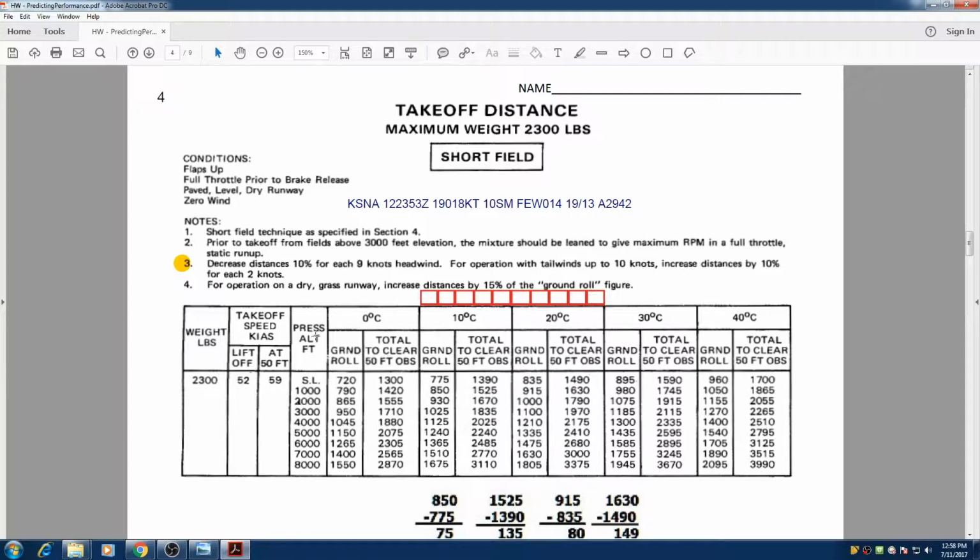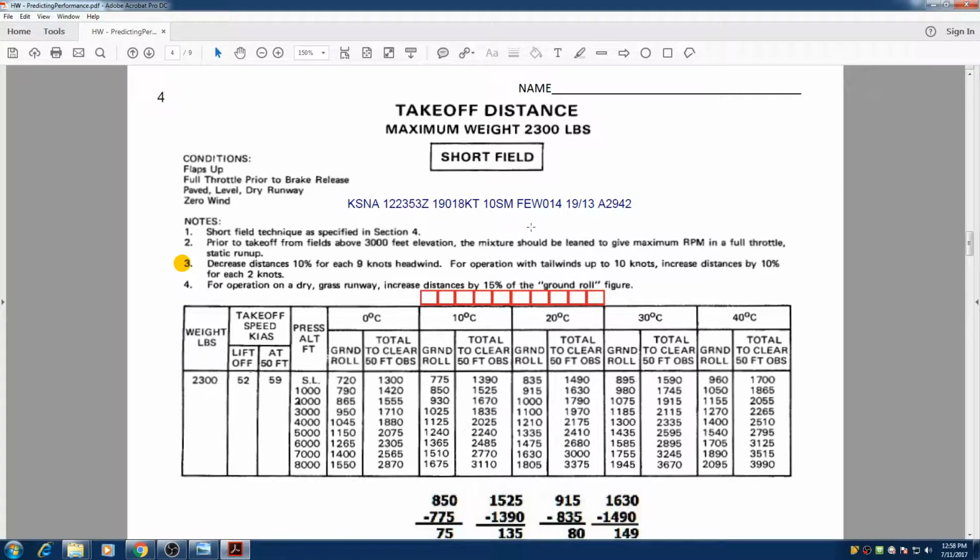We are not going to go over finding pressure altitude in this video. However, today's pressure altitude is 500 feet, so we are going to calculate the numbers between sea level and 1,000 feet. It's going to be between right here and right here, which is 500 feet.